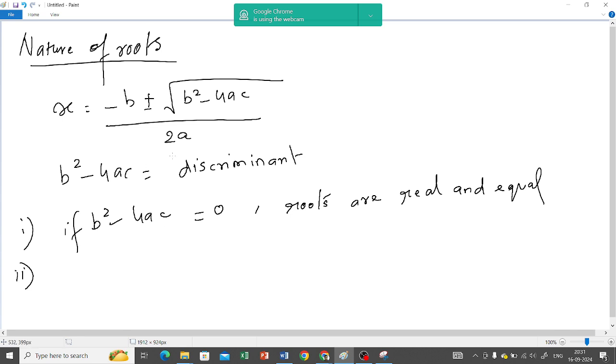Real means anything which is not complex. That means root over minus 1 is not there. And equal means what? Both the roots are equal. Why? You see, if this portion is 0, then what is left? x equals to minus b by 2a, because this whole portion becomes 0. So of course the roots are real and equal, right?